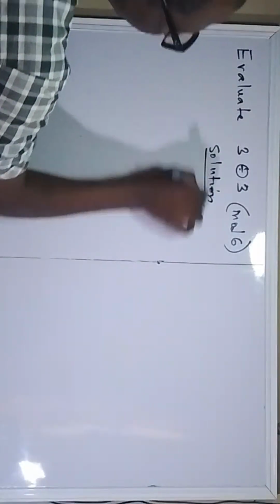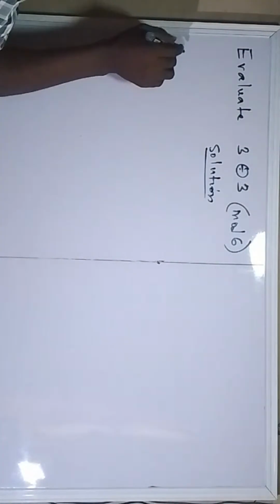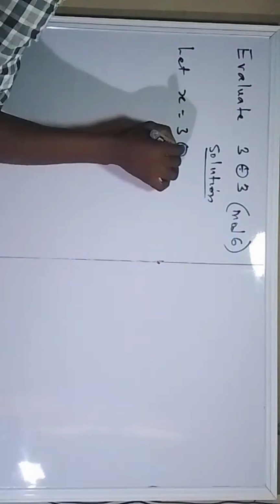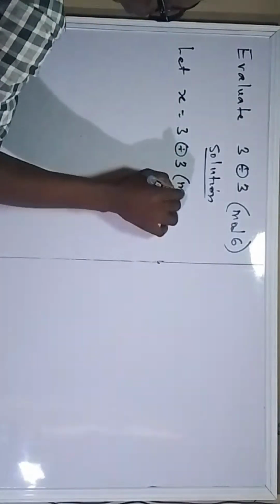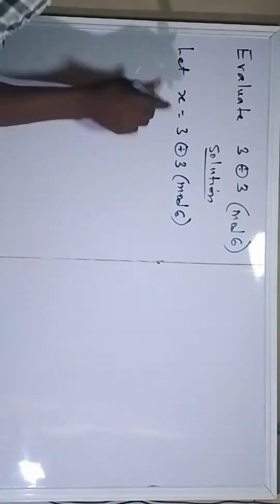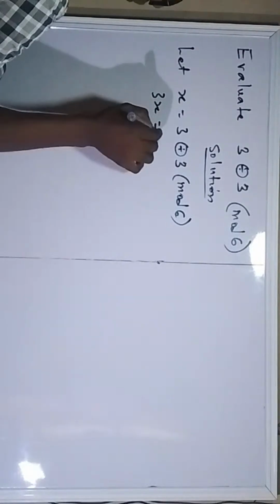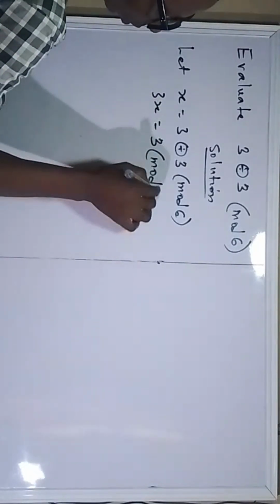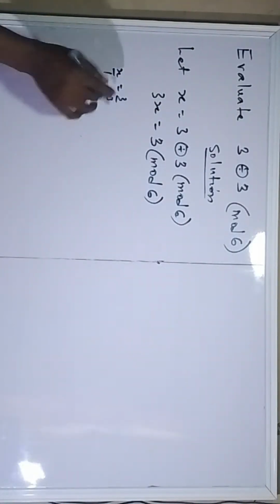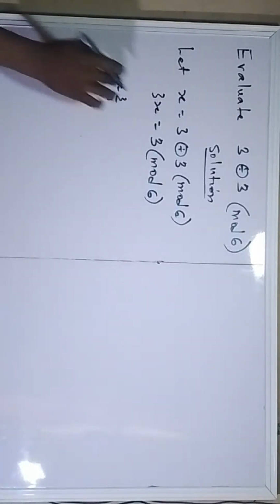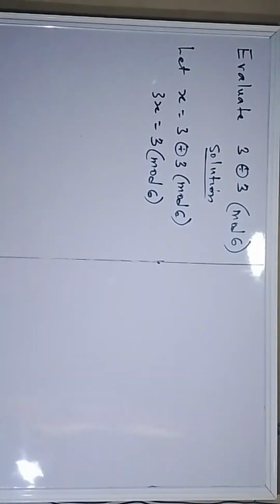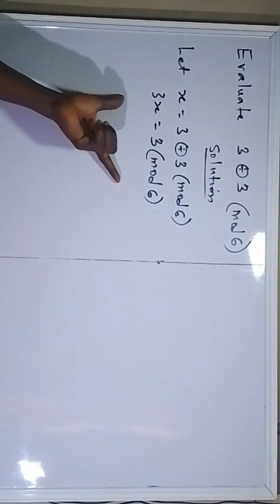The first thing to do now is to make an assumption by saying let x be equal to 3 divided by 3 in mod 6. This is the same thing as x equals 3 over 3. So when you cross multiply, we have 3x equals 3.